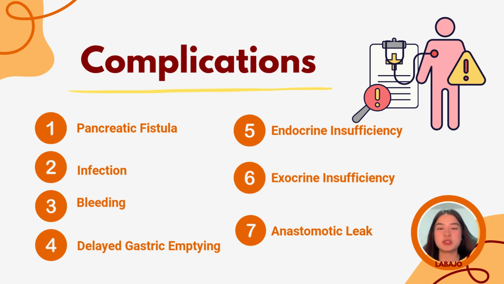This is very common if the patient has had the Whipple procedure. Next is the endocrine insufficiency. This is diabetes mellitus due to insulin loss. Then the exocrine insufficiency or malabsorption requiring pancreatic enzyme supplements. And then last, we have the anastomotic leak, which is a big risk in procedures involving GI reconstructions.